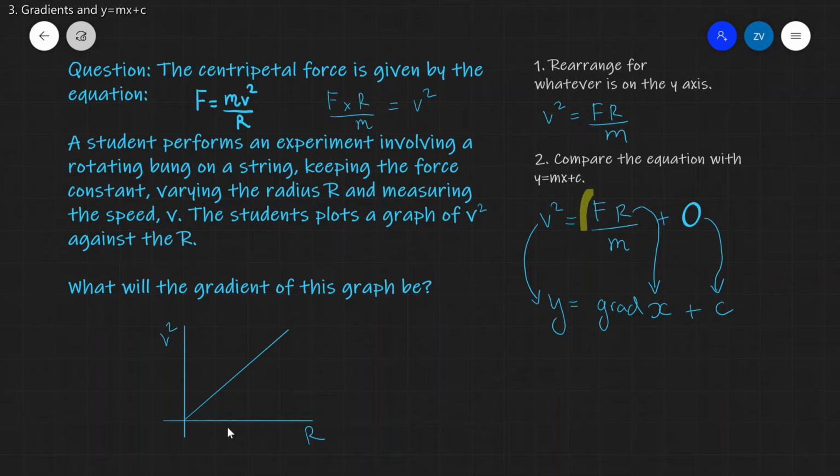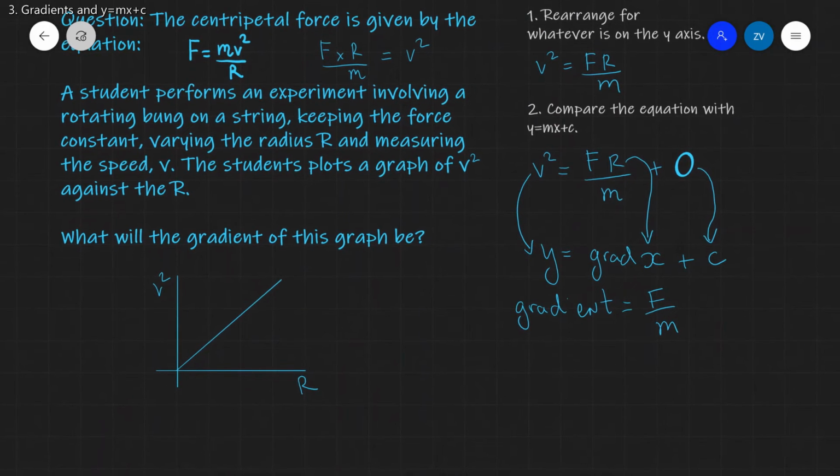In this case, this quantity F over m is actually going to be equal to our gradient. So we can write this down as our gradient is equal to F over m.